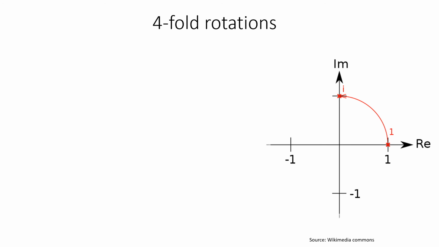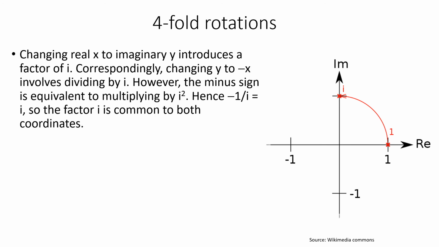And that's what we see on the picture on the screen. As we said, if you're going to do a fourfold rotation, which is how we're characterizing our cubic symmetry, then rotating anti-clockwise would move the x onto the y position, and also move the y onto the minus x position.